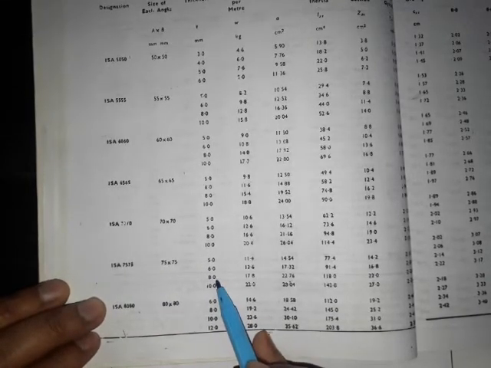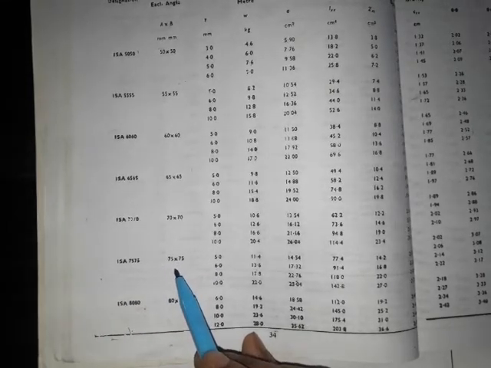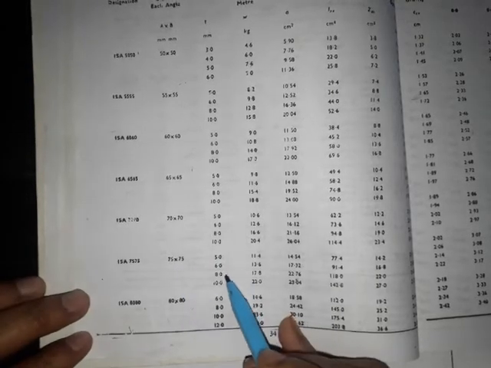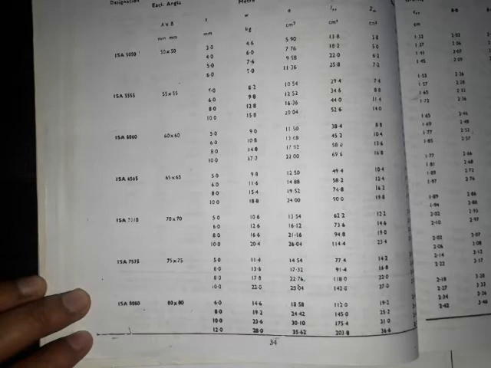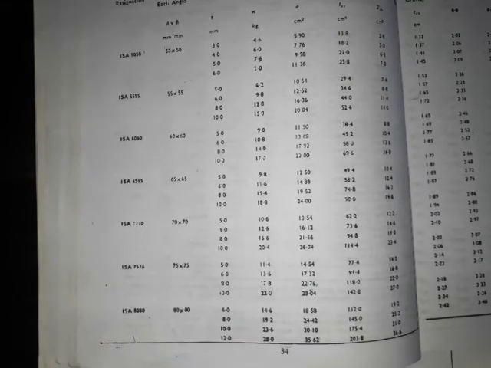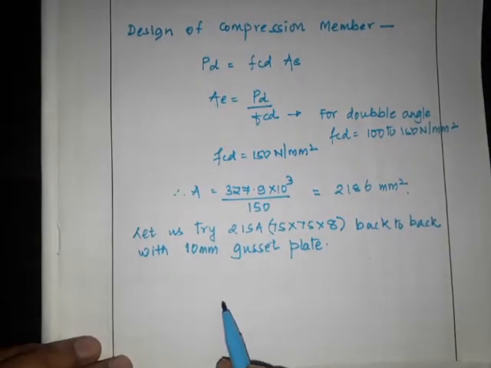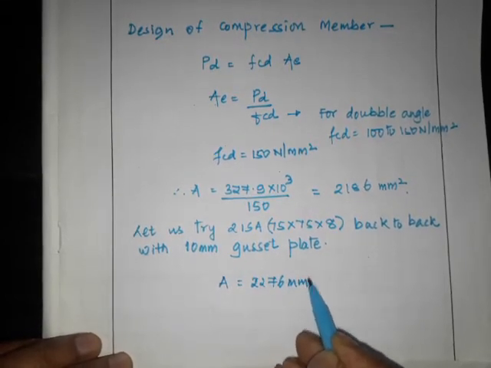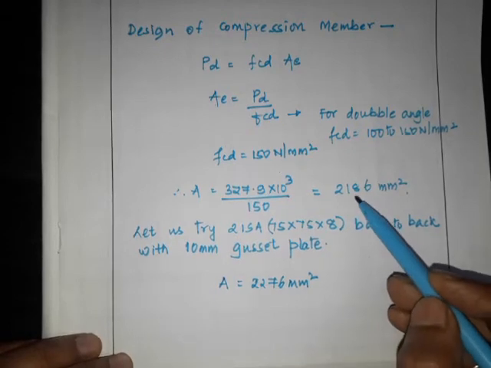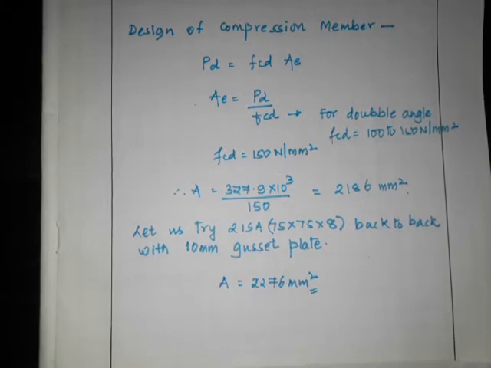The thickness of leg is 8 and the size is 75 by 75. For 8 mm thickness, the area is 22.76, nothing but 2276. So you have to note down, the area is 2276 mm square, which is more than 2186. So no problem. Now we have selected a section.